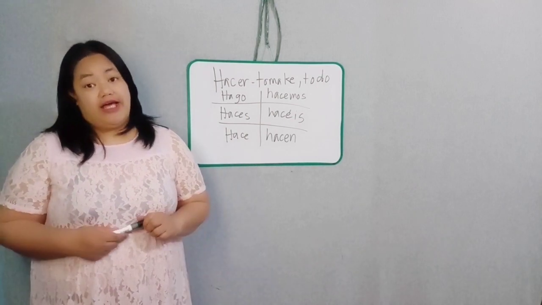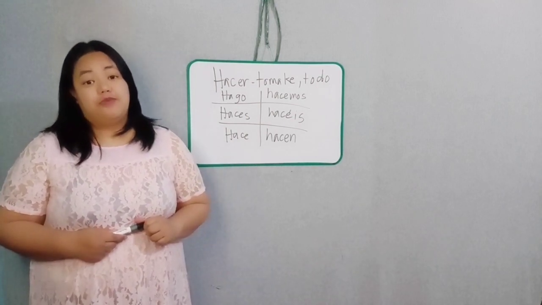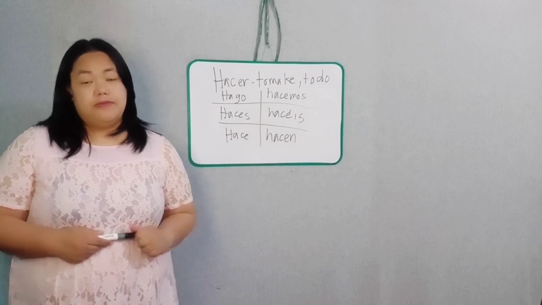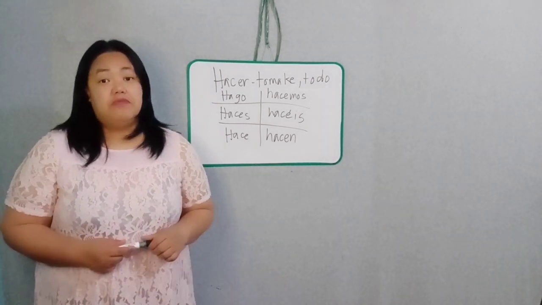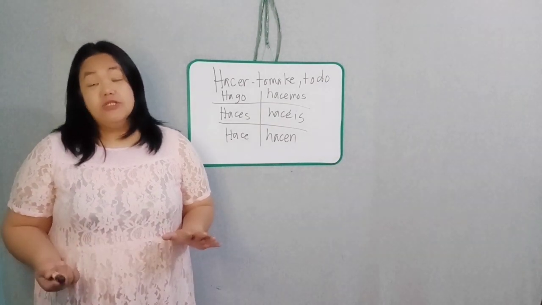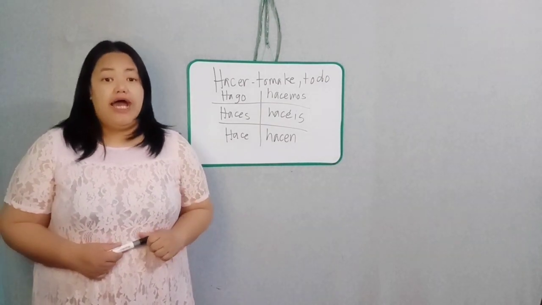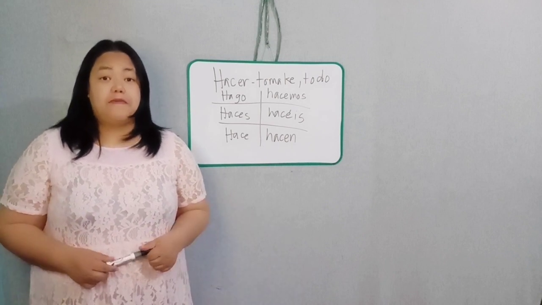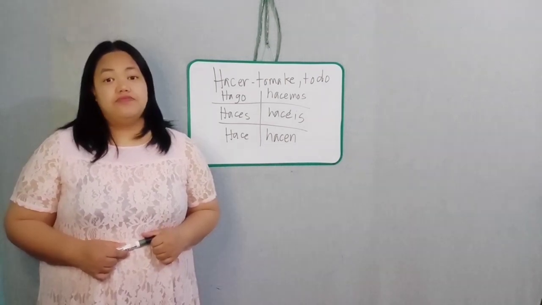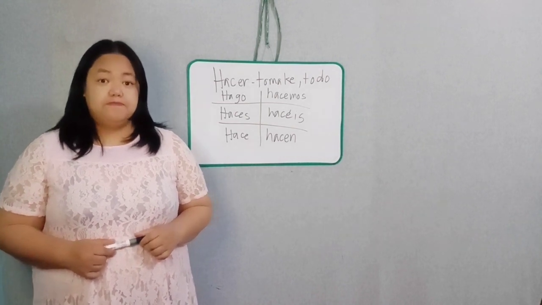Tú haces el proyecto. You are doing the project. Hace 15 minutos. It has been 15 minutes. Hace 30 minutos. It has been 30 minutes. Hace una hora. It has been an hour. Hacen su trabajo. They're doing their work.